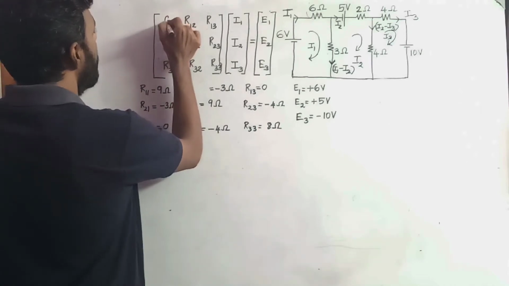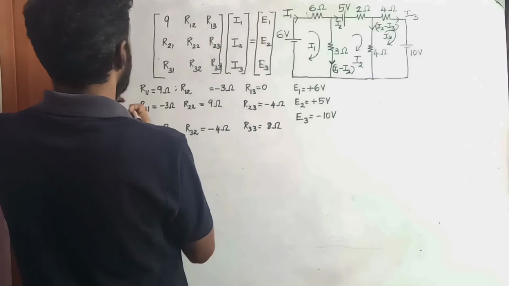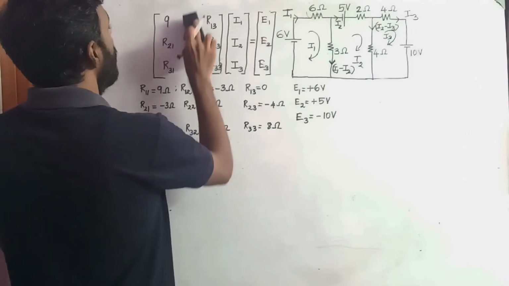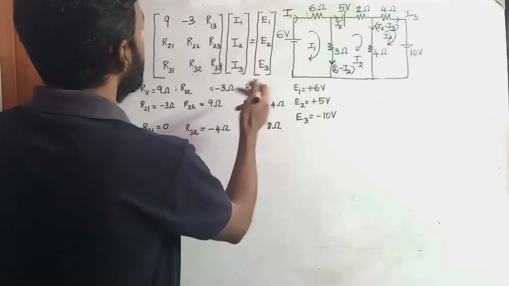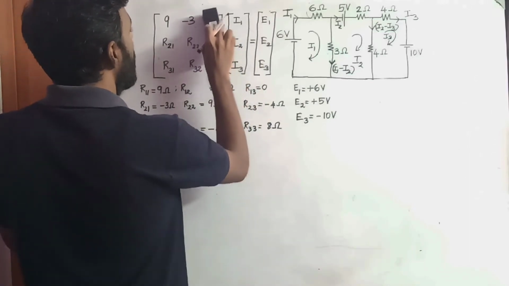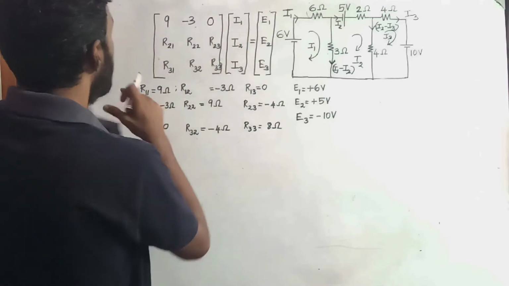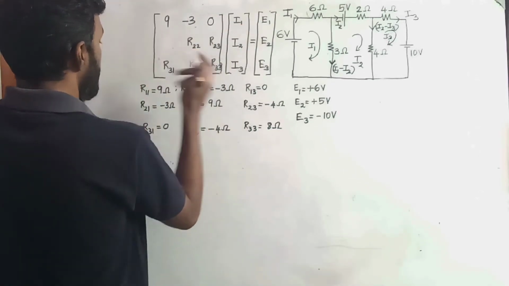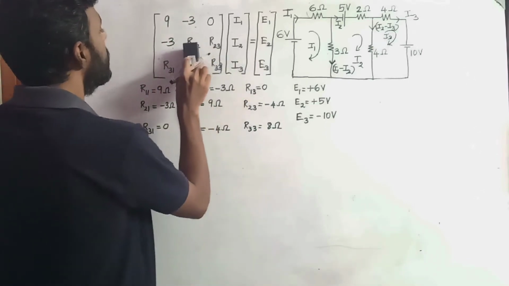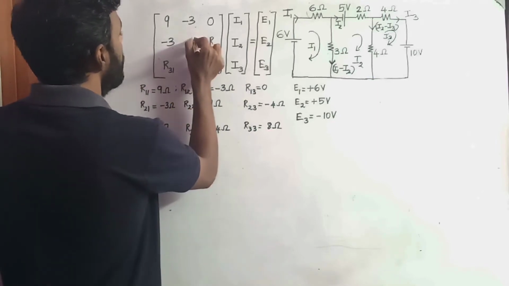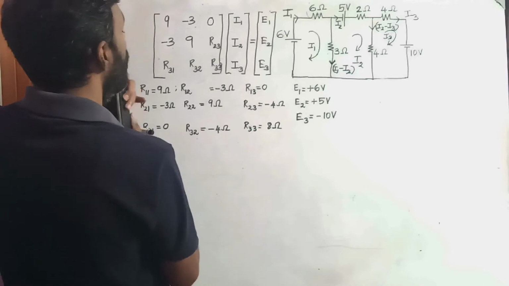R12 is minus 3. R13 is 0. R21 is minus 3. R22 is 9 ohms. R23 is minus 4.